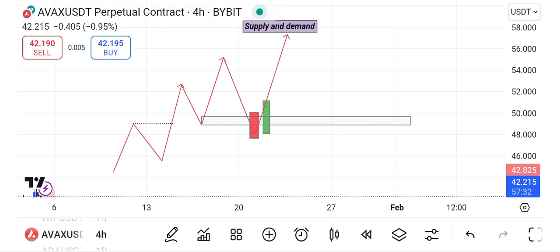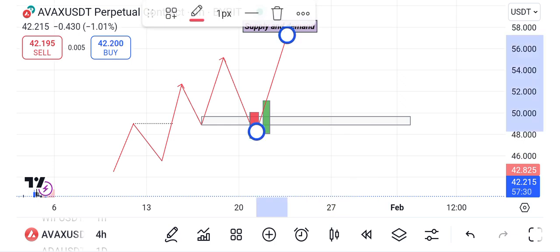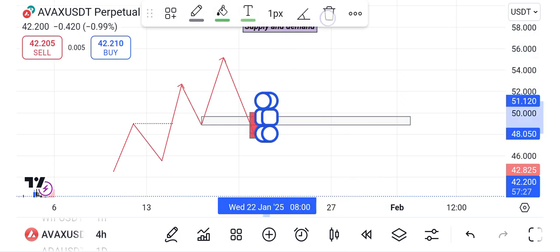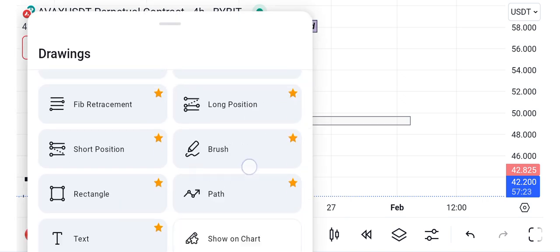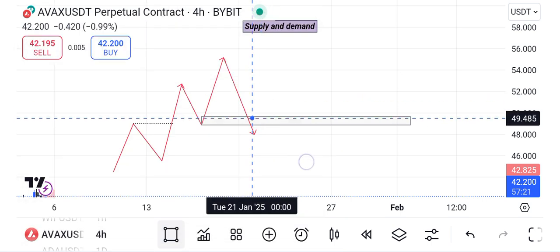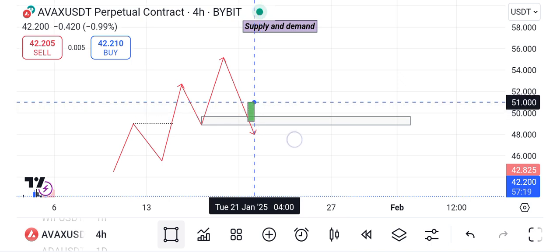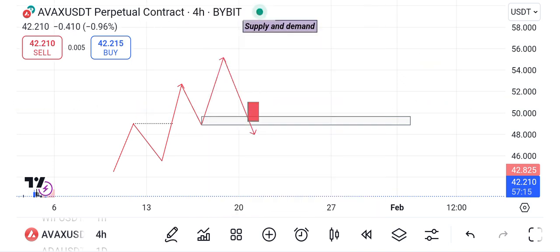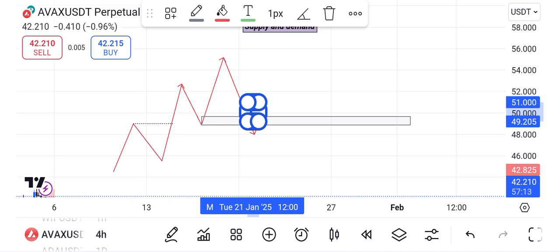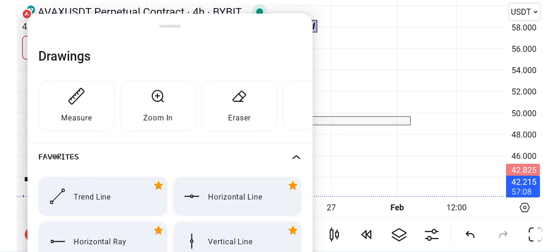Now, this is a clear example of a demand zone. Another thing you can watch out for in your demand area is that you can have something like this. It's still very valid. When you have that retracement and a wick just closes below it, very valid. In fact, I love when we have a wick close.